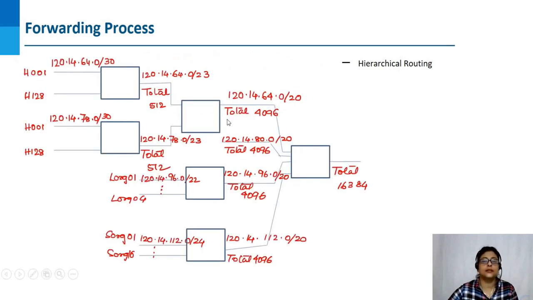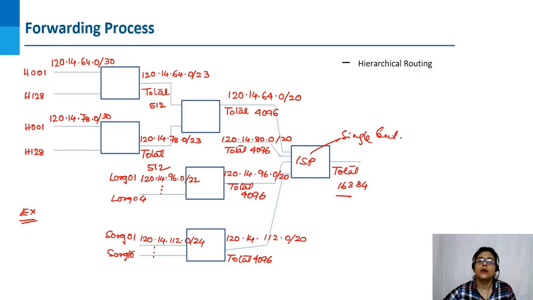So this is the example of hierarchical routing. You see here there is an ISP which has a total of 16384 addresses, and it is a single but large block of addresses.